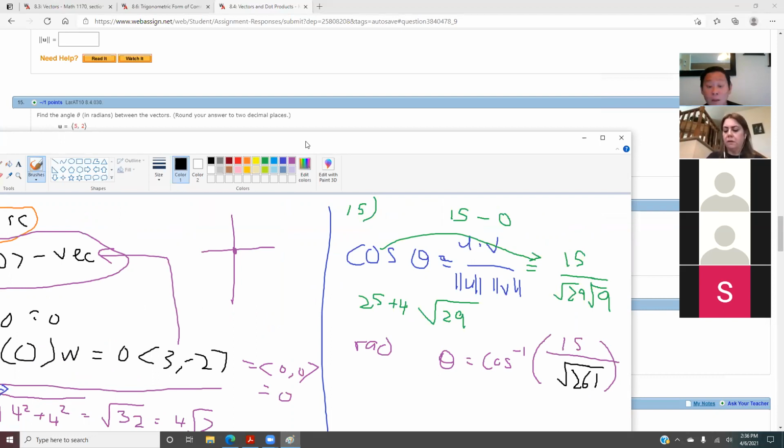Arc cosine of that, square root of 261. 0.38. You guys good with 0.38?